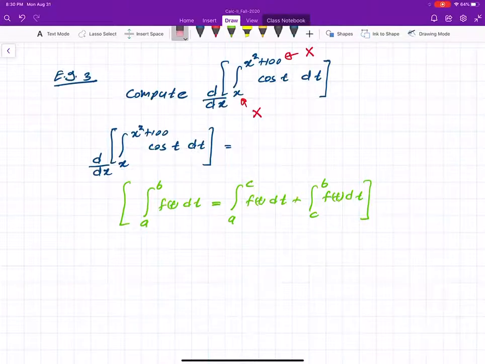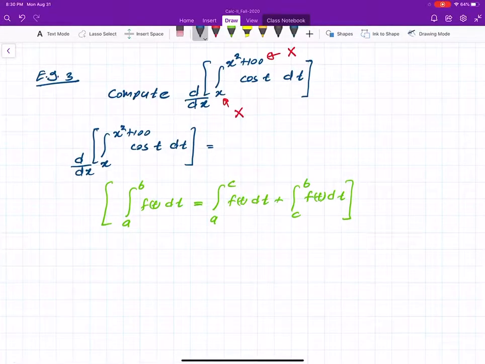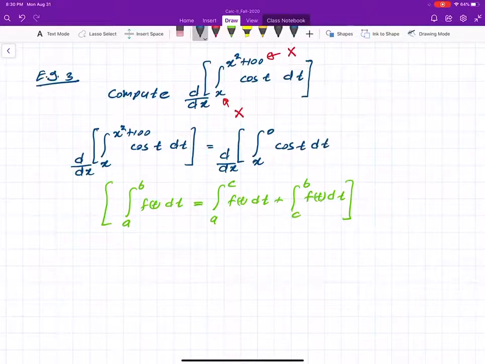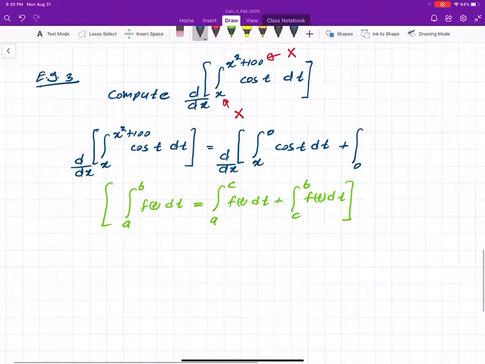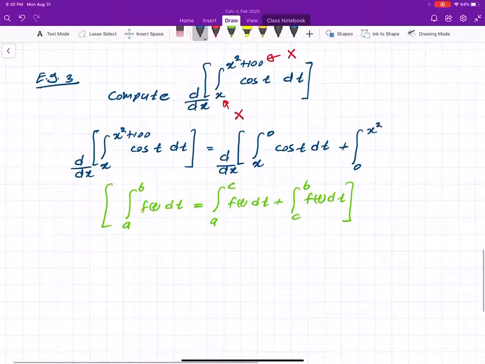Let me take that out. So you could split this. First of all, let me write the d over dx part. Once you split this, you can write x to 0 of cos t dt, 0 to x squared plus 100.